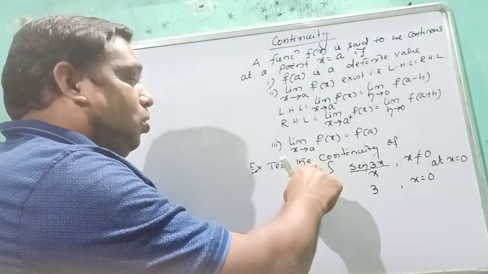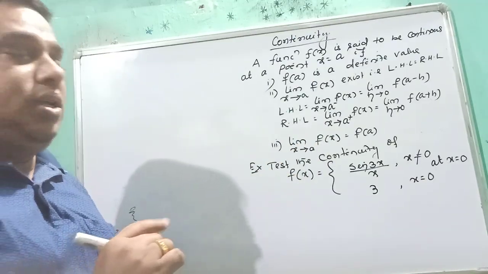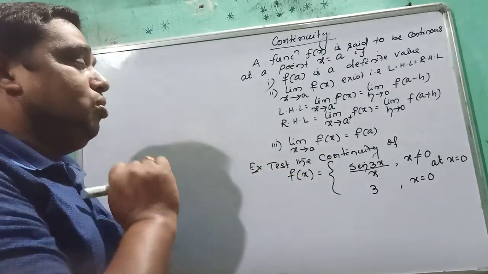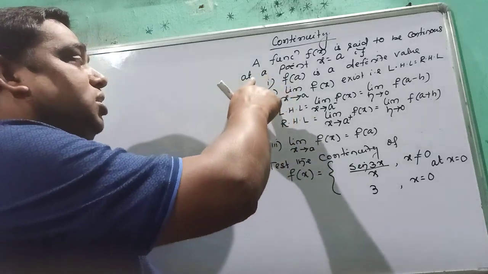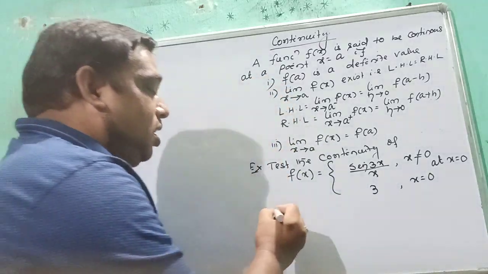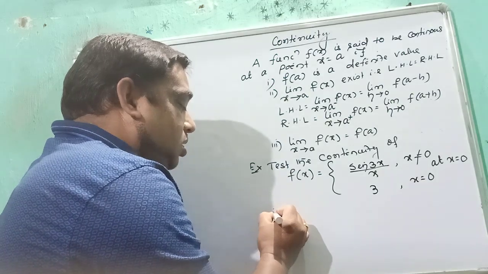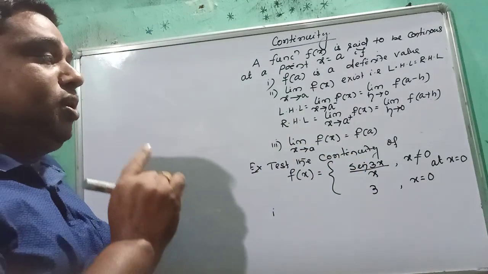When we test the continuity, we have to check whether all three conditions are satisfied. First we have to find the value of a here. a is equal to 0, as given. So if you go to step 1, f(a) means f(0).